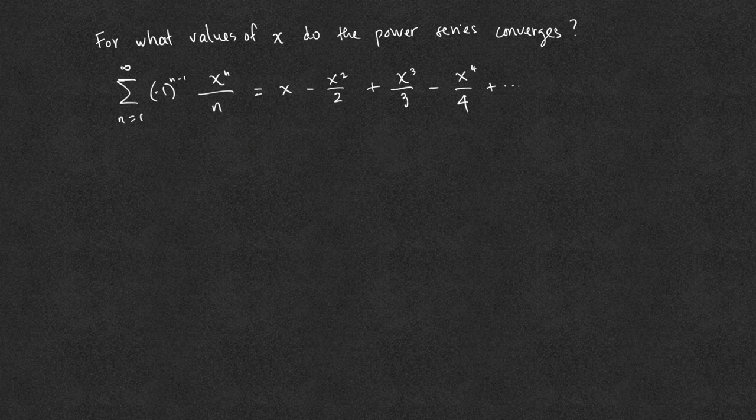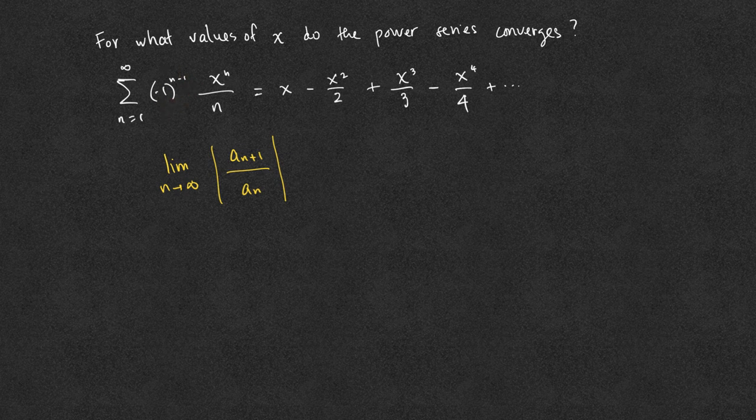The setup for the ratio test is the limit as n goes to infinity of a sub n plus 1 over a sub n. We generally take the absolute value of this ratio. So we can simply ignore the factor (-1)^(n-1) or (-1)^n.